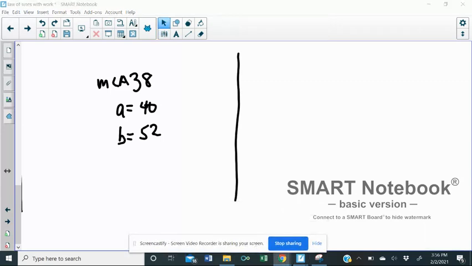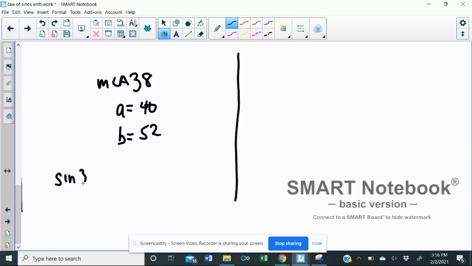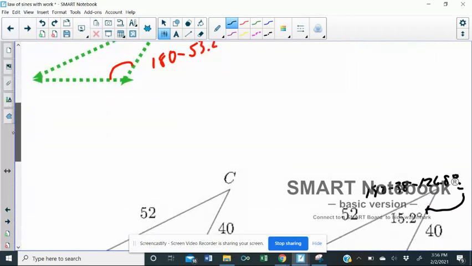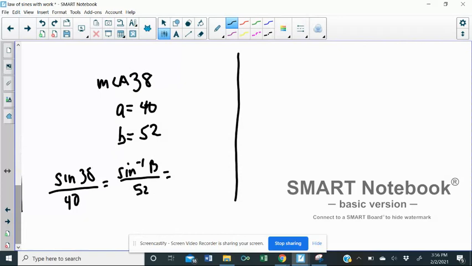So my first triangle, I go ahead and I use my law of sines, which you guys already did up above, right? Equals the sine inverse. All right. So we came up with the first angle that we come across as 53.2. And this is a measure of angle B.